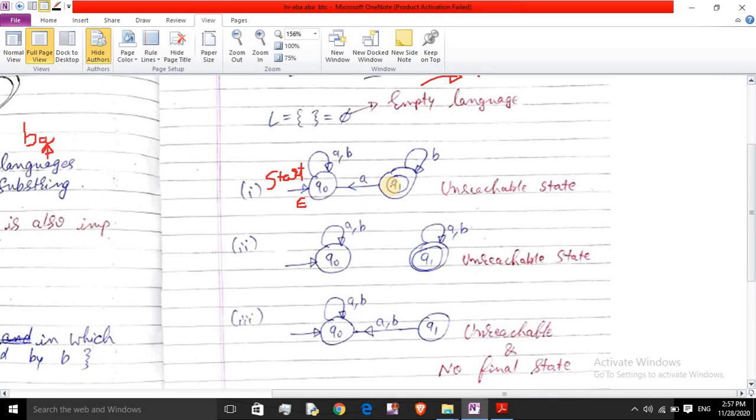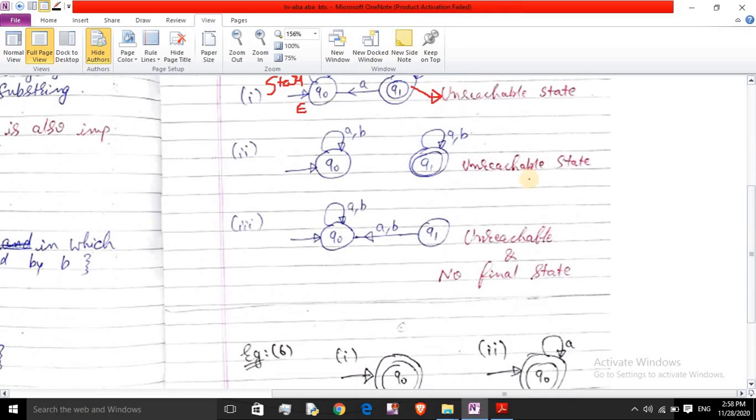Now look at this. There is no way from which we can reach our Q1, because Q1 is a final state. So this machine is without a reachable final state. So this state is called an unreachable state because we can't reach it through any transition.